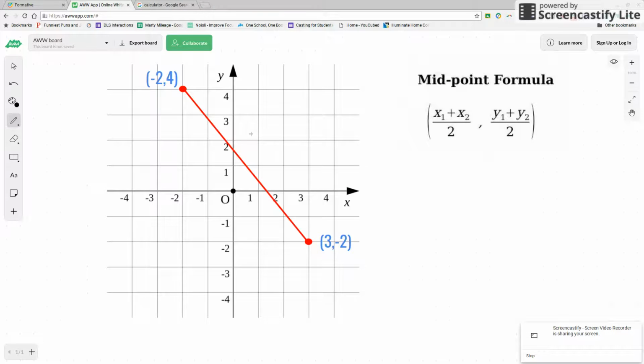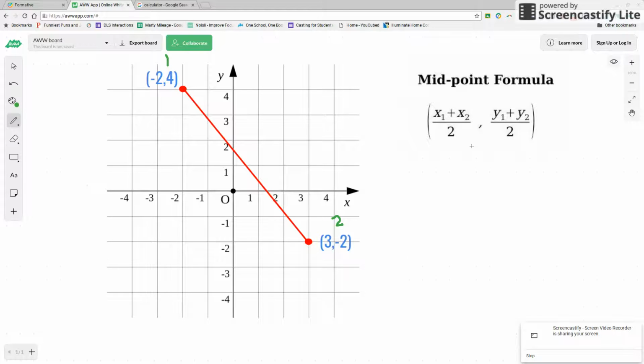I've got a new line here. I have negative 2 and 4 as my first point. Let's use a little bit of green here. So I'm going to label this point 1. It doesn't matter which one I label 1 and which one I label 2. Here is point 2 at 3, negative 2.